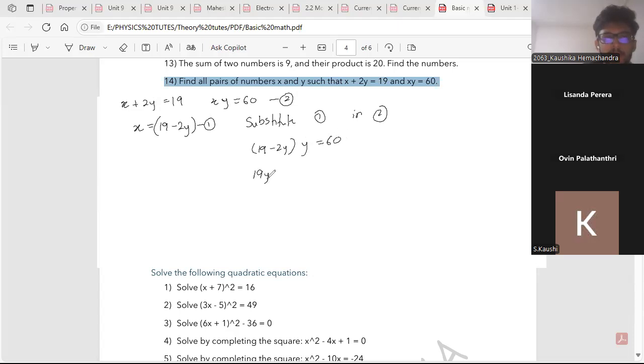So you get 19y minus 2y squared is equal to 60. Send everything to the other side: 0 equals 2y squared minus 19y plus 60.